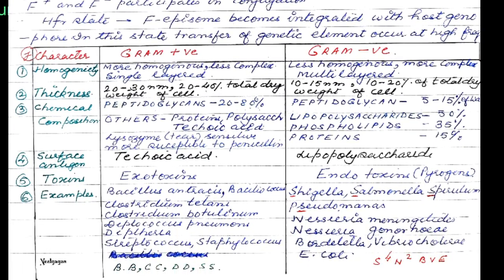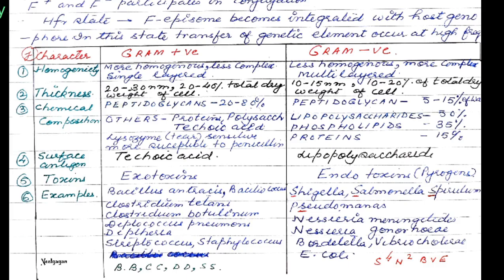Now come to the difference between gram positive and gram negative bacteria. The first character we take up is homogeneity. The gram positive bacterial cell wall is more homogeneous, less complex and single layered.